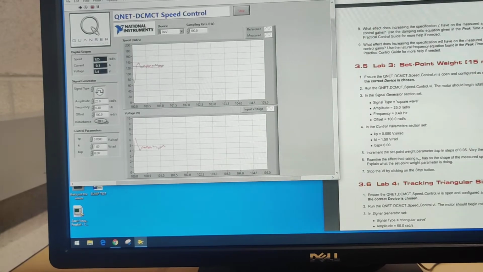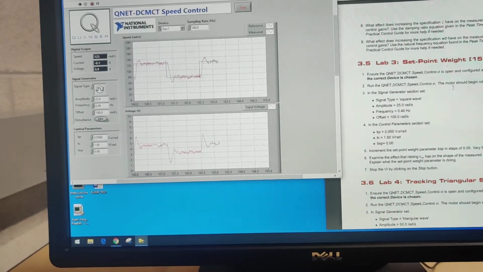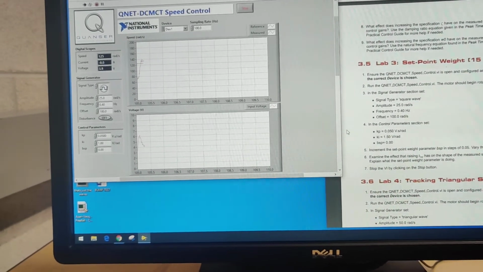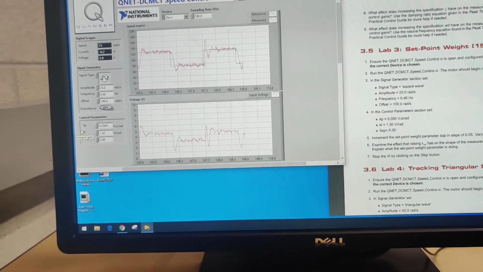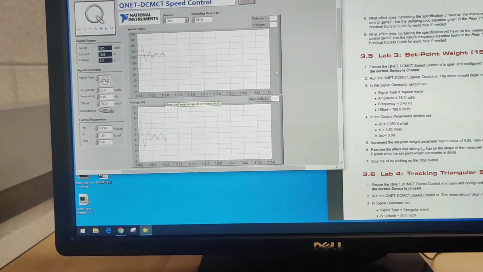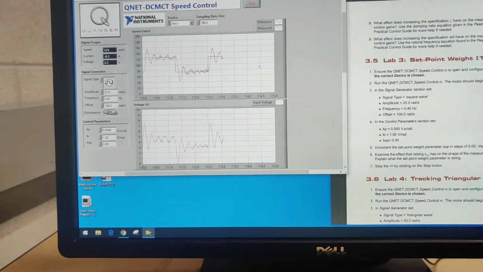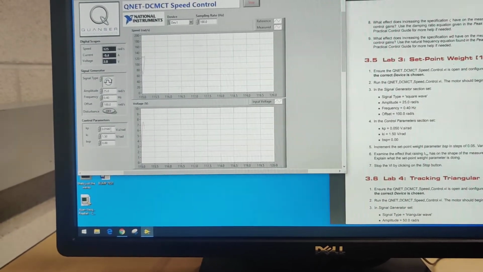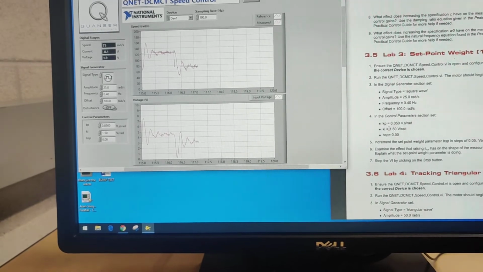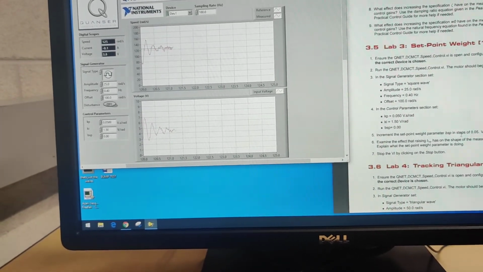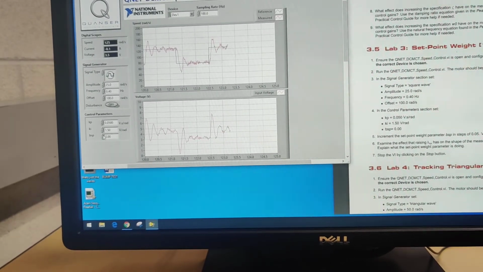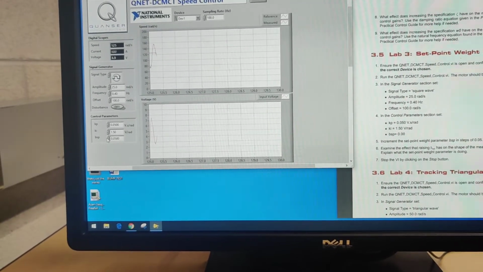Okay, and the next one is the set point weight. So let me change this Ki to 1.5. Okay, so this is the waveform when Kp equals 0.05 and Ki equals 0.5. And now let me change the BSP to 0.05.